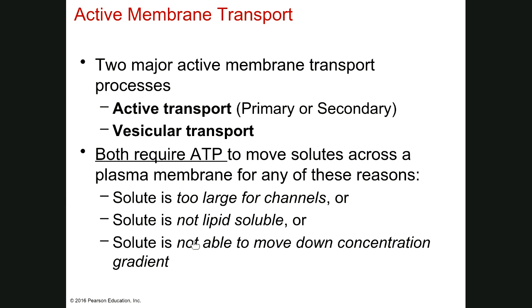Or there are special circumstances in physiology where you need something to move against its concentration gradient, or something is just not able to move down its concentration gradient. For whatever reason, the item cannot get across the membrane without the assistance of energy-requiring active transport or vesicular transport.